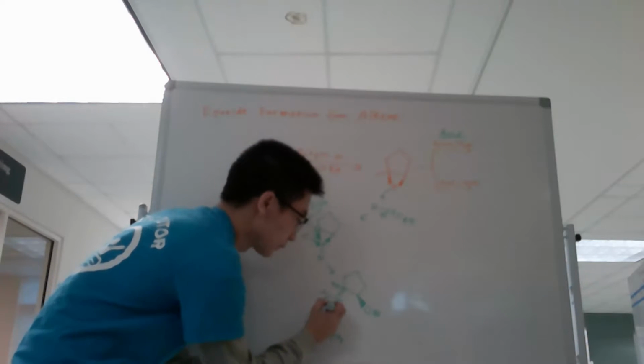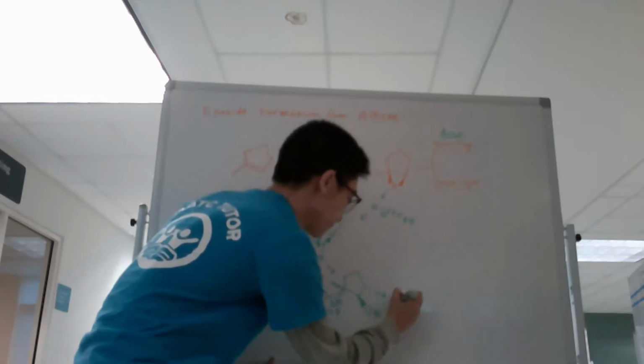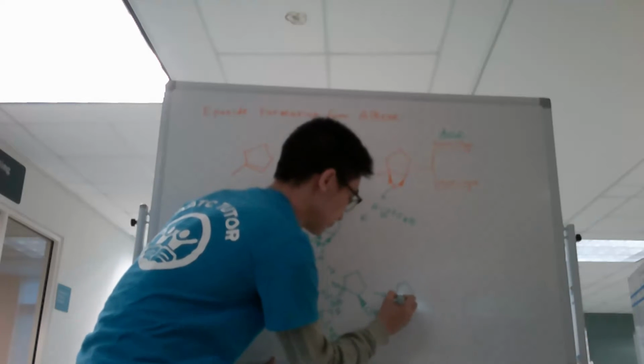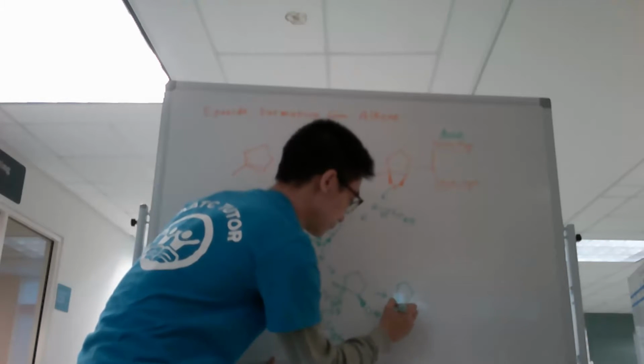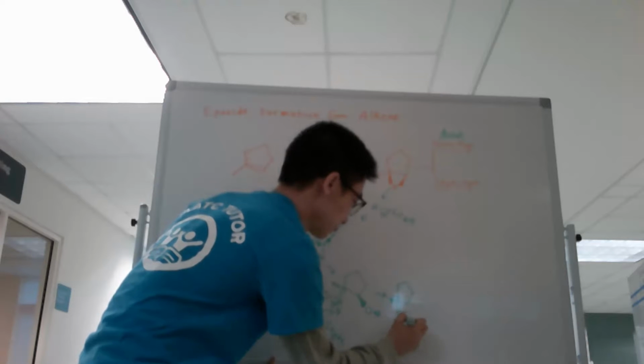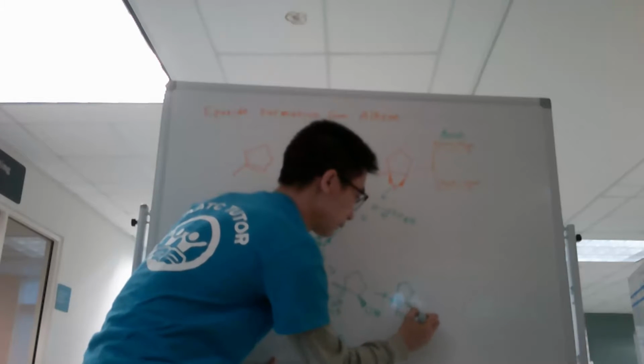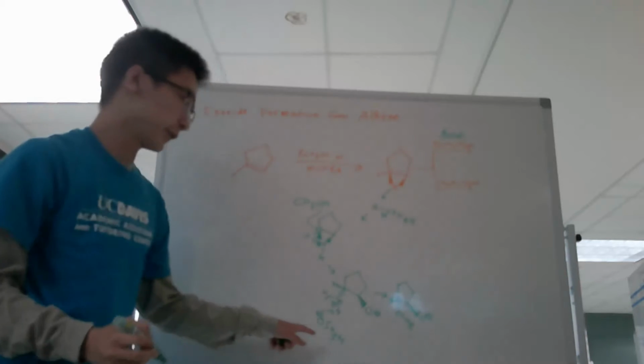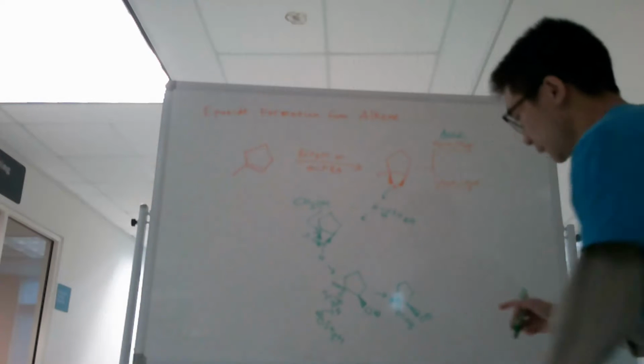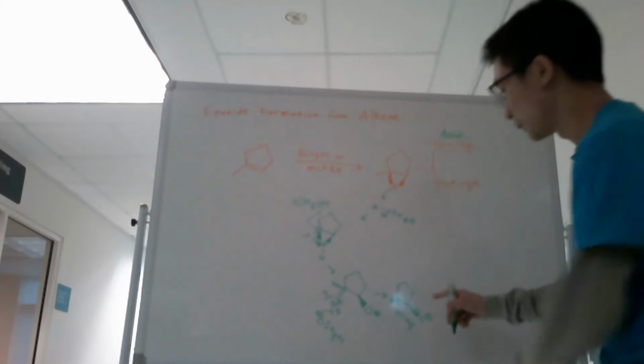For the water, that might be the workup. Since we reformed our catalytic acid, we're going to use that catalytic acid to protonate this negative charge. So maybe that's where the workup comes from.